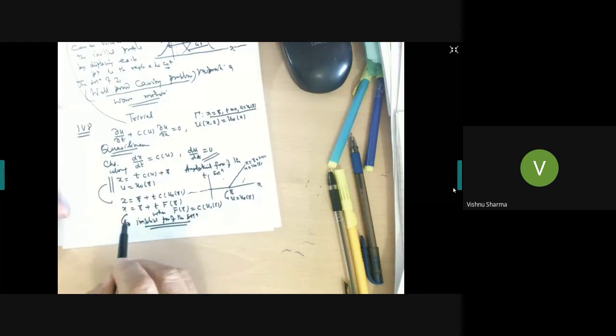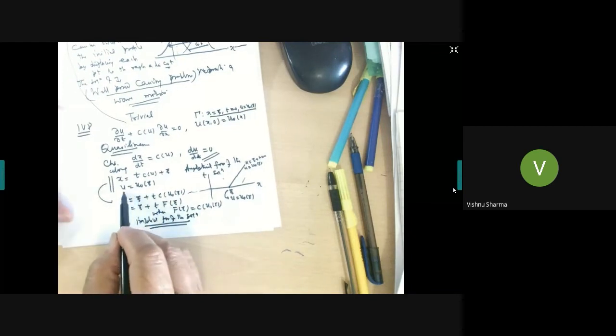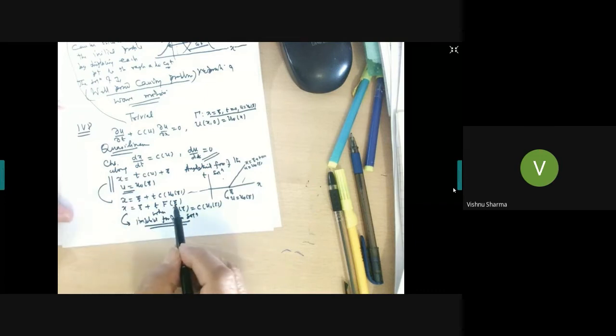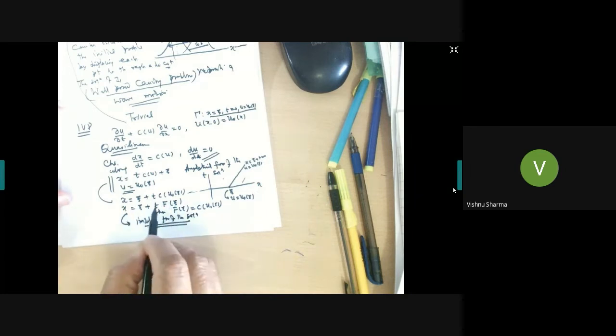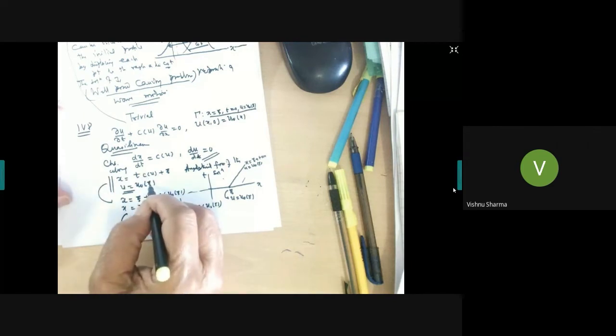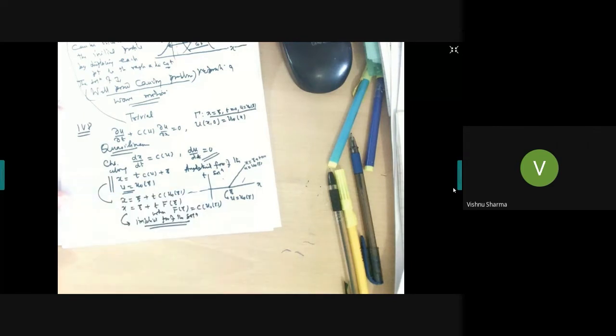But here, it is not so. I cannot express it. The thing is this, how can I get the solution if I am able to solve this ξ as a function of x and t, right? If I am able to solve ξ as a function of x and t, then I substitute here, it will give me a surface.